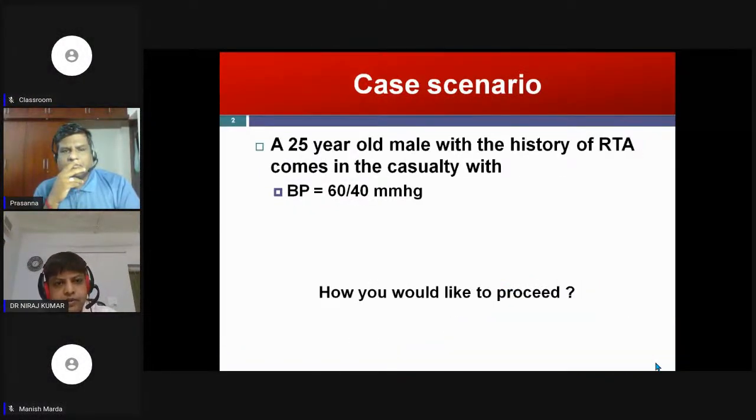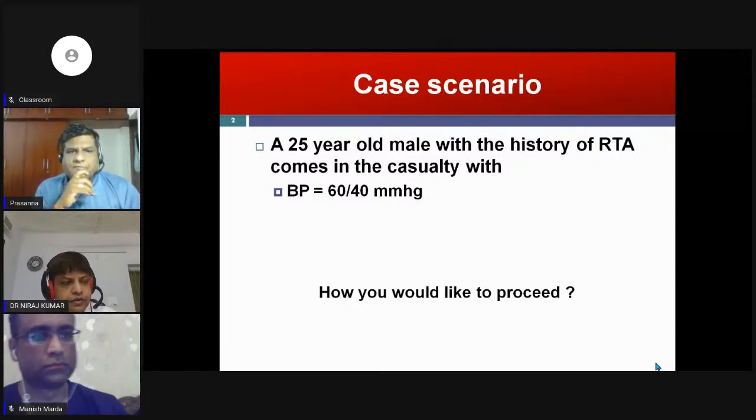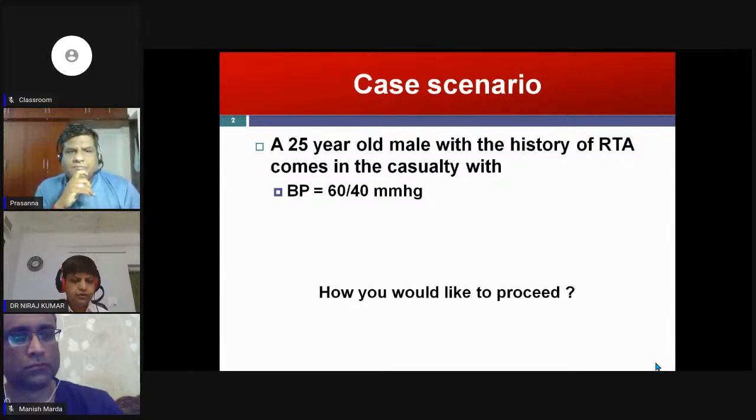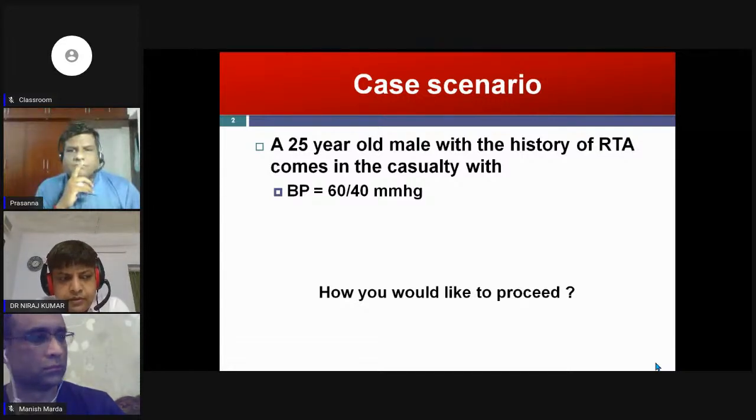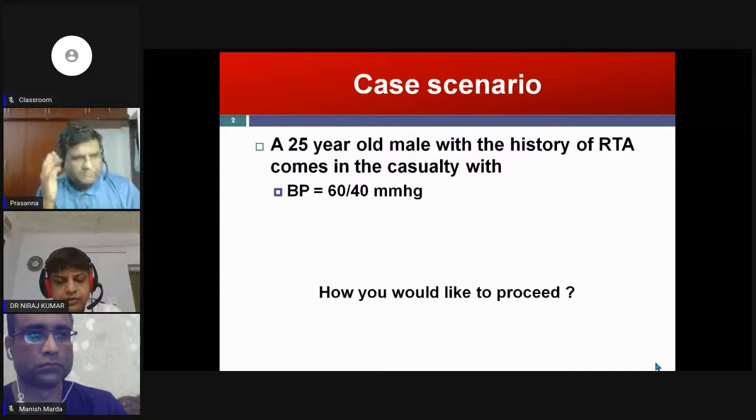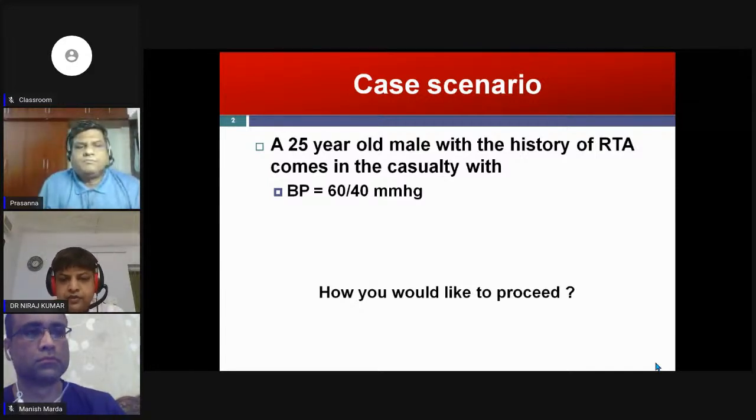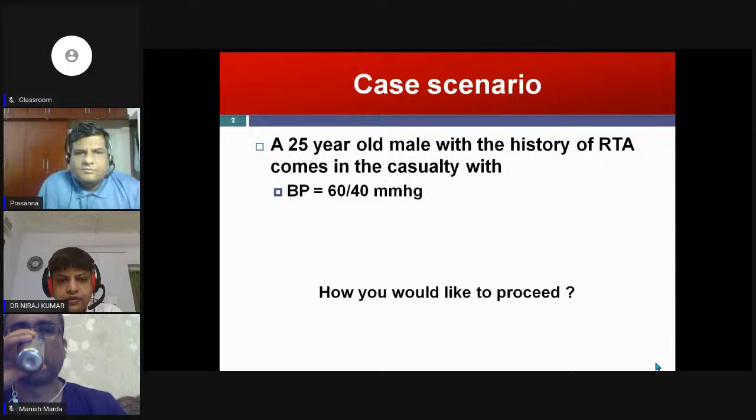A 25-year-old male with a history of RTA comes in the casualty with BP of 60 by 40. So, a patient is naturally in shock. So, I would like to proceed. As a management protocol of ATLS guideline, first we have to follow this ABC pathway, that is airway, breathing, circulation.